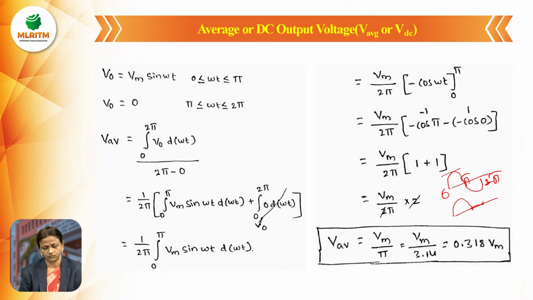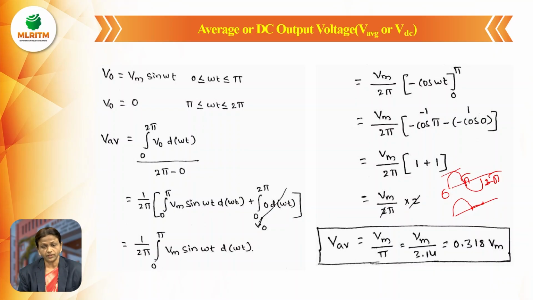Now split this integral from 0 to 2 pi into two parts, 0 to pi plus pi to 2 pi. So 1 by 2 pi integral of 0 to pi of Vm sin omega t d omega t, plus integral of pi to 2 pi of V0 d omega t. What is the V0 value from pi to 2 pi? 0. So the second term becomes 0.